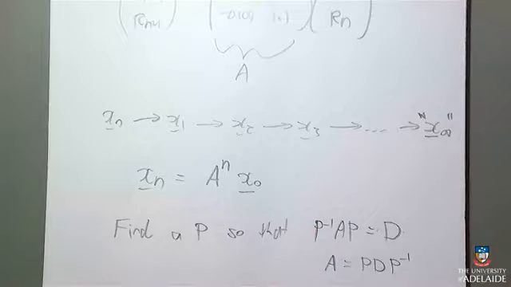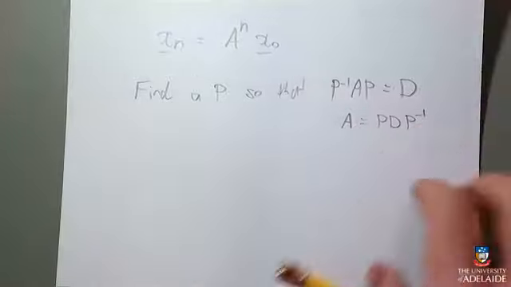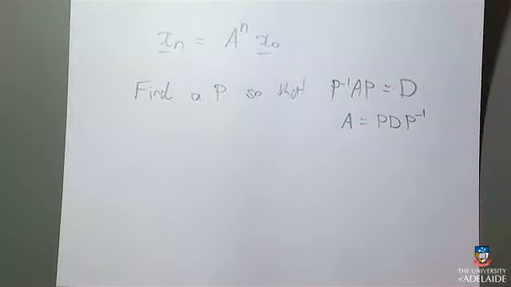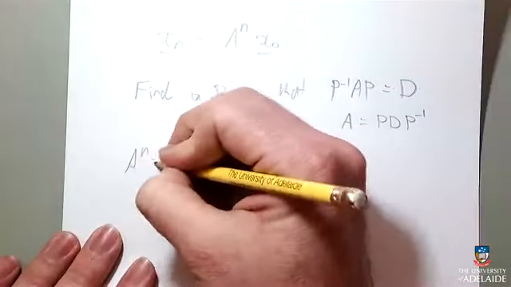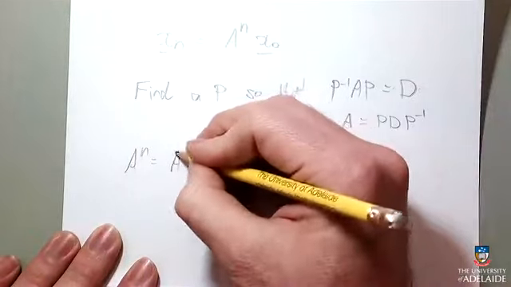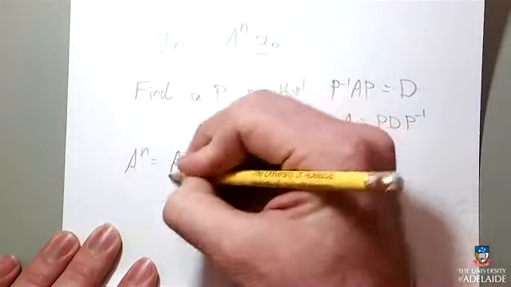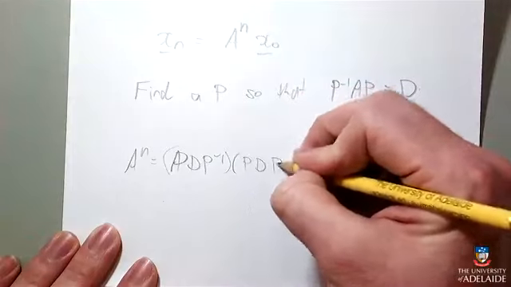And then if I do A to any power, it'll be multiplying this by itself all these times, right? So A to the N will be like P, D, P inverse, P, D, P inverse.